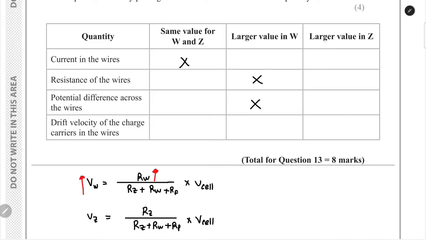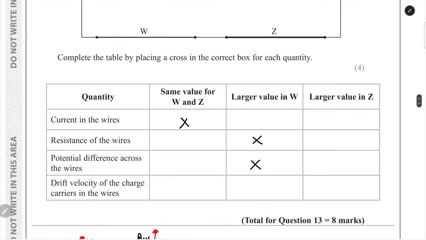Now there will be a difference in the drift velocity since they are in series now. We know that I equals NAVQ. The current across both of them is the same. N is the same, Q is the same, and V is what we are finding out. So the only difference is due to A. If I make V the subject over here, I'll get I divided by NAQ.